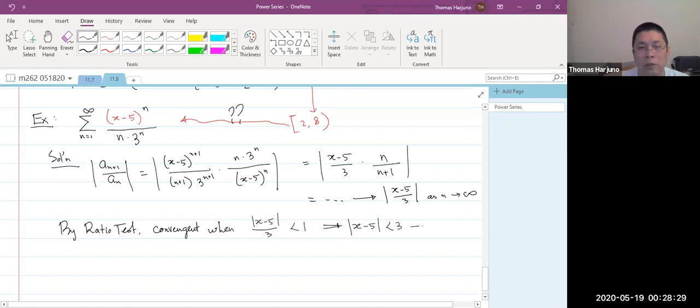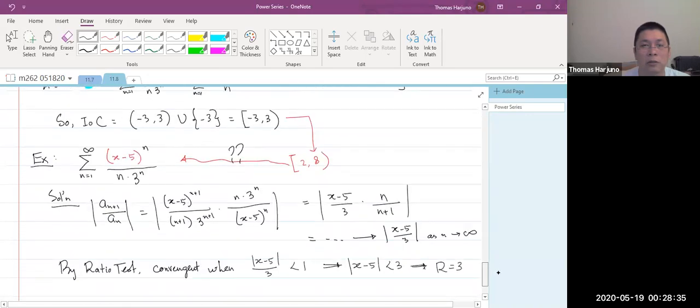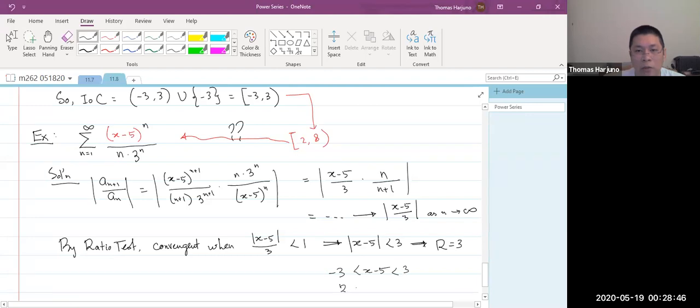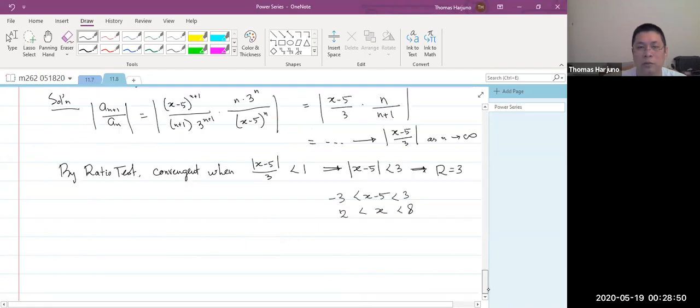The radius of convergence is still 3, right? You see? And then we go on: -3 is less than x minus 5, which is less than 3, so x is between 2 and 8. Right?